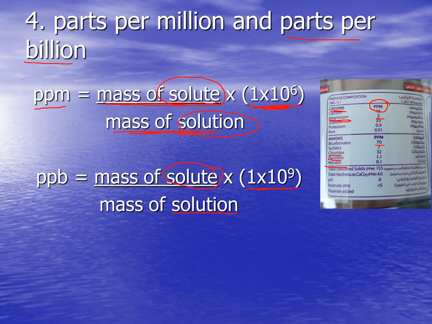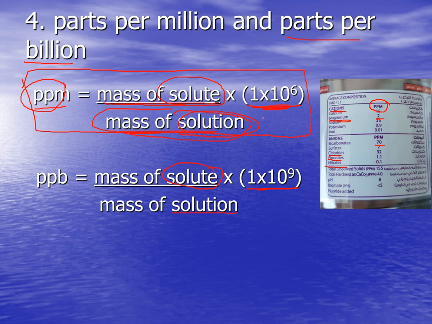Now, for either one of these equations, as long as you have 2 of the variables, you can solve. If you have the mass of the solute and mass of the solution, take the mass of the solute, divide by the mass of the solution, multiply by 1 million, and you'd get parts per million. But if you already had parts per million and you had mass of the solution, just rearrange this equation for mass of the solute.